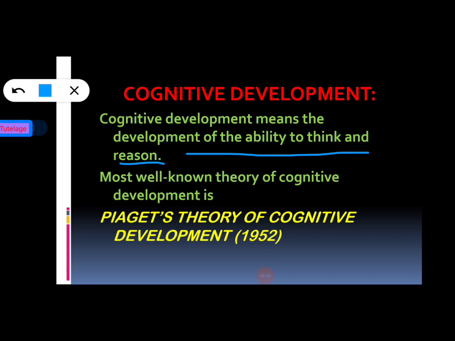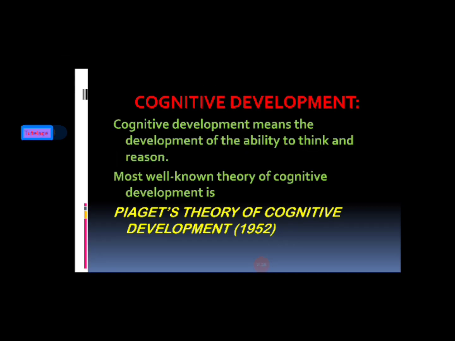Obviously, cognitive development, cognitive process, cognition, all are related to the mental process of acquiring knowledge and understanding acquired knowledge through different types of thoughts, experience, senses. So, cognitive development is the development of the ability to think and reason.